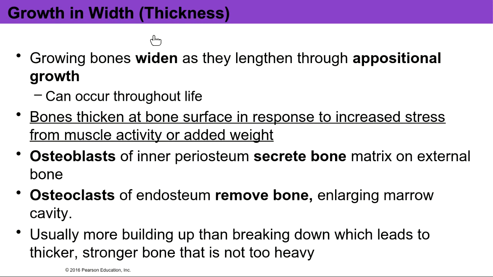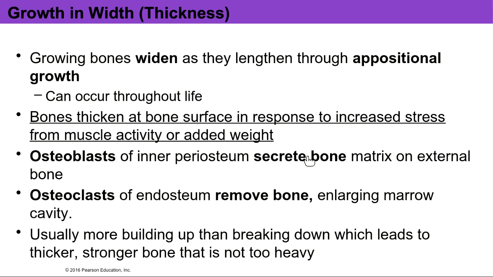Now, as I mentioned, based on your lifestyle, based on what kind of stress you place on your bones, based on physical activity, based on muscle activity. If you make muscles bigger, let's say you lift weights and you're increasing the size of your muscles, then that's going to place stress on your bones, and that's going to cause your bones to grow in width. They're going to get thicker.